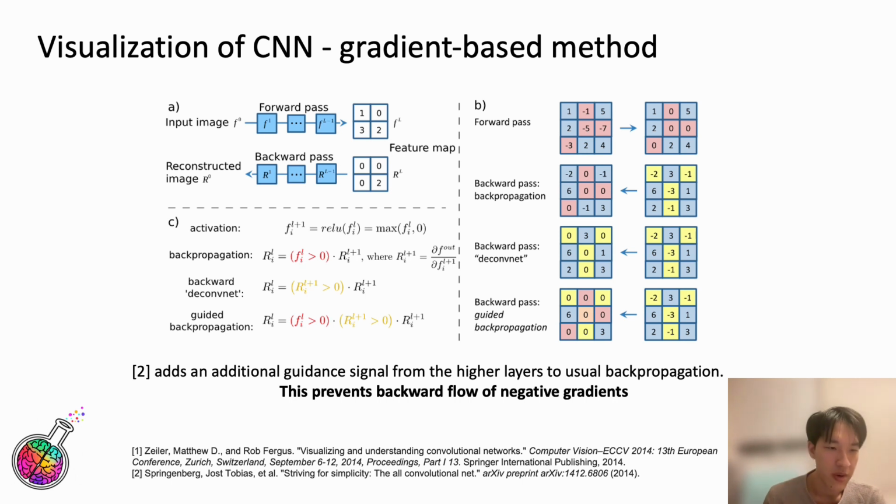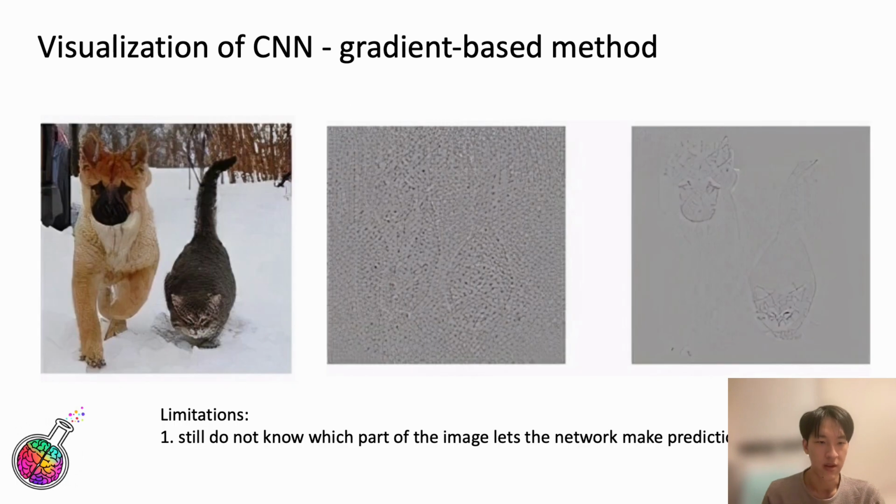Then a group of people introduced another method called guided backpropagation. In this method, an additional guidance signal from the higher-level layers is added to the usual backpropagation. This prevents the backward flow of negative gradients, so it can solve the problem we just discussed.